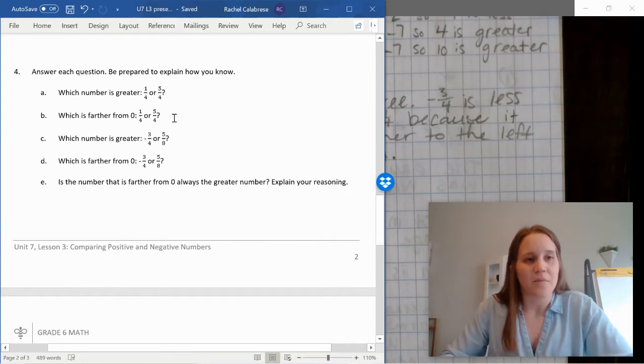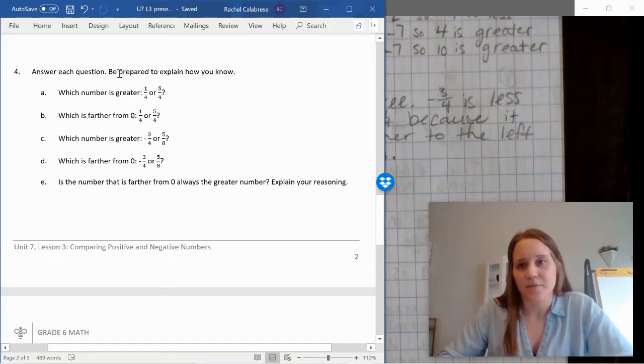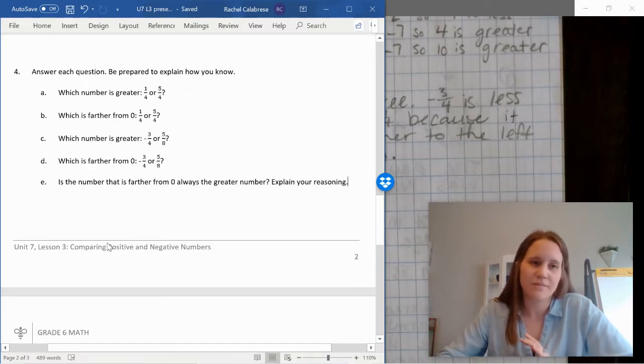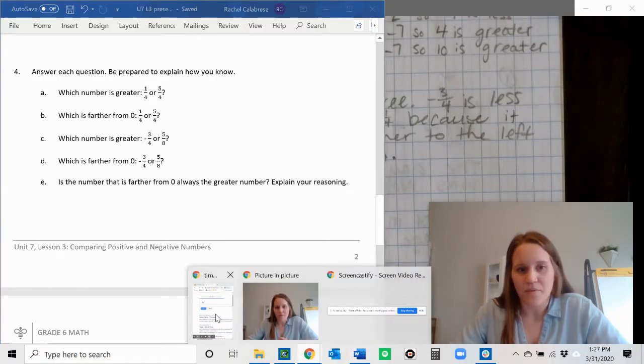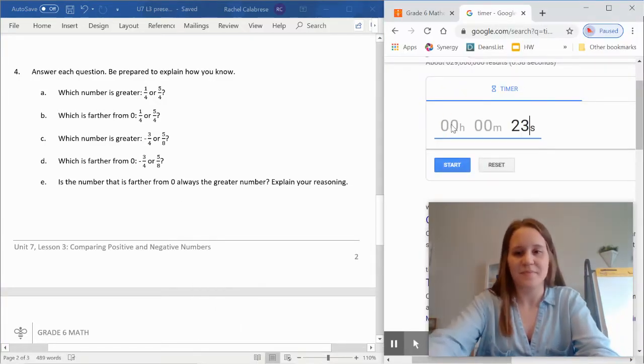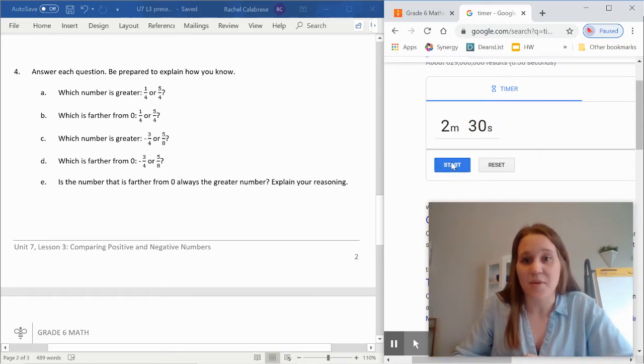Okay, number 4, answer each question. Be prepared to explain how you know. Got it. A, which number is greater? Ooh, I've got some questions asking me about which numbers are greater, which is farther from 0, and then a generalization question. These are excellent practice. Let's go ahead and take 2.5 minutes to do these 5 questions. I'll get a timer up for you. Go ahead and try these on your own and we'll come back for the answers.